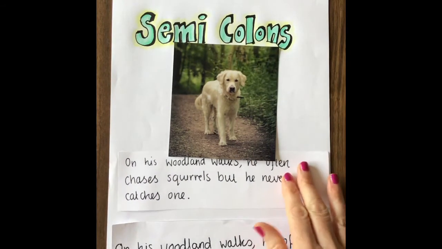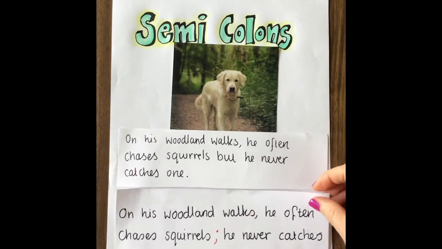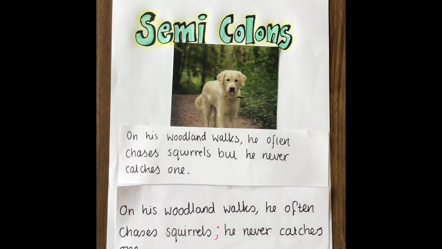If we compare the two, you'll see that the second one with the semicolon just flows a little bit better, makes our writing seem a little bit more mature. So let's compare the two. On his woodland walks, he often chases squirrels, but he never catches one. On his woodland walks, he often chases squirrels; he never catches one.